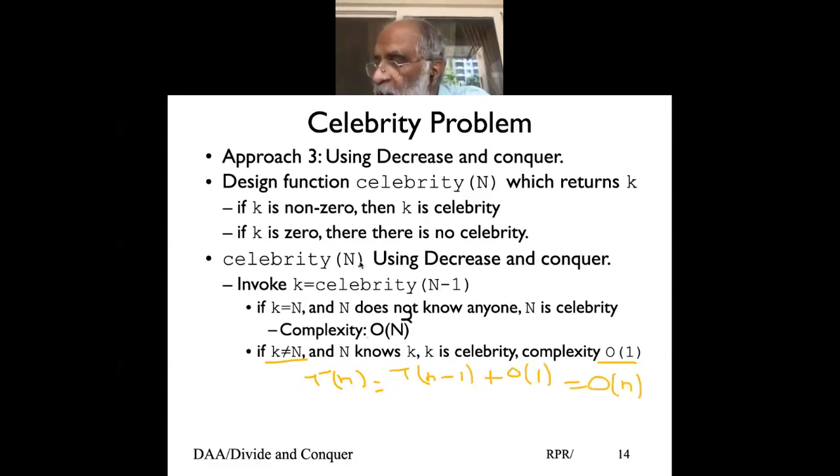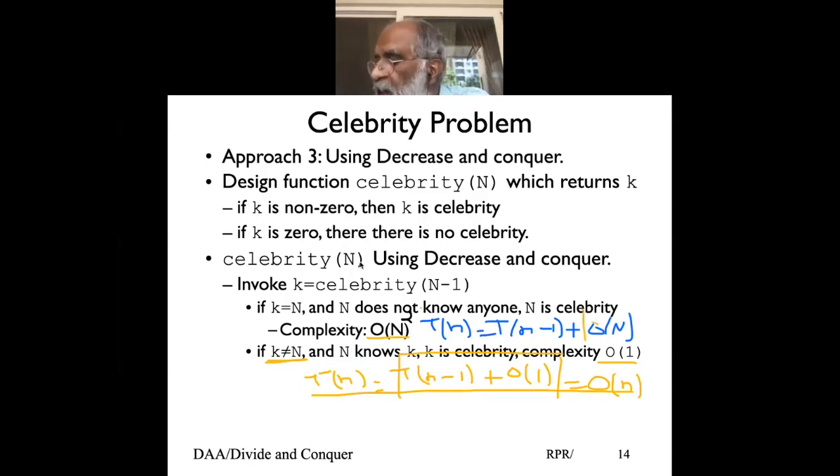In this case, checking whether the nth person knows everybody or not requires order n work. So in this case my equation is Tn equal to Tn minus 1 plus order n, and when k is not equal to n, my recurrence relation is the earlier one.